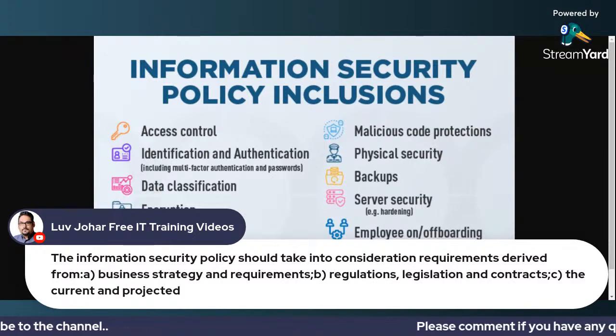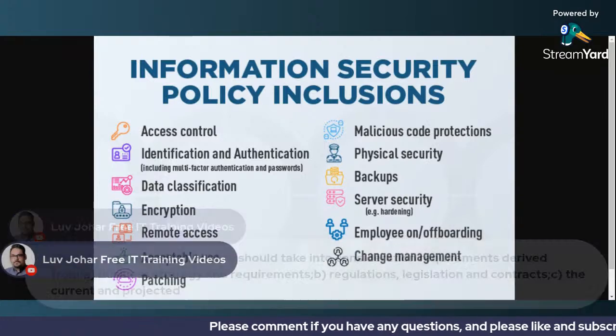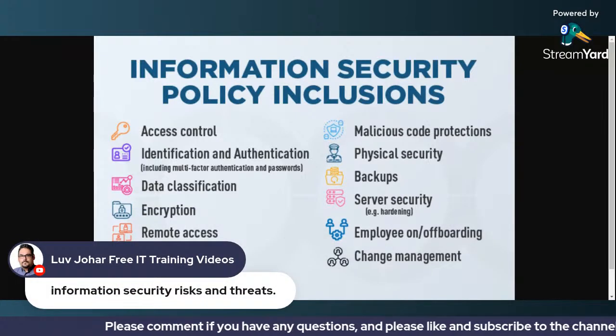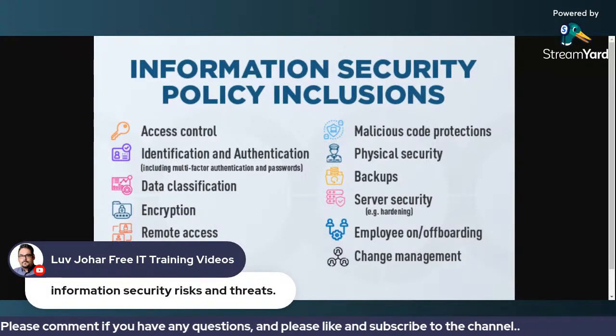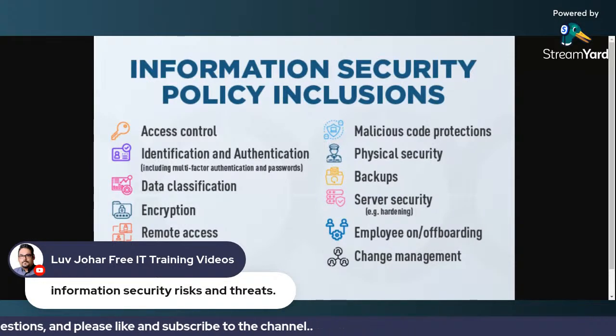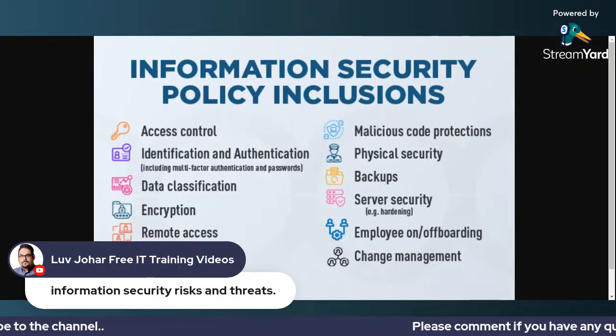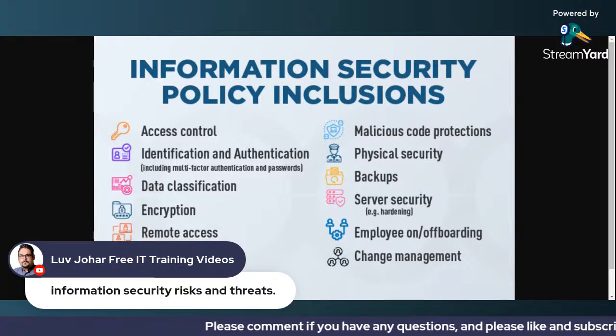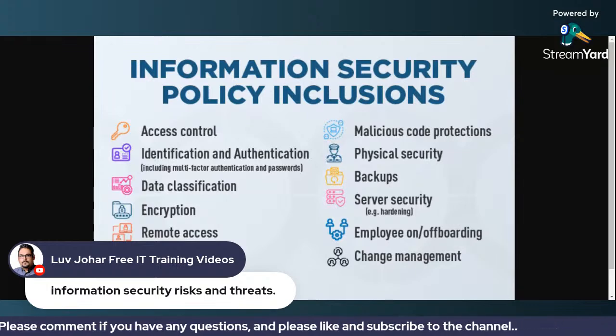After that, it shows that under C you must also incorporate the current and projected information security risks and threats, which I think is a very important statement by itself. You should incorporate the relevant information security risks and threats, because that is the main reason why you are creating this policy in the first place.